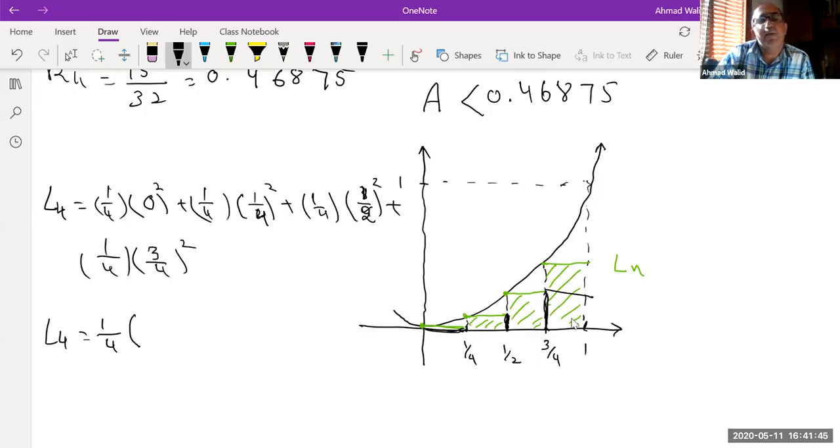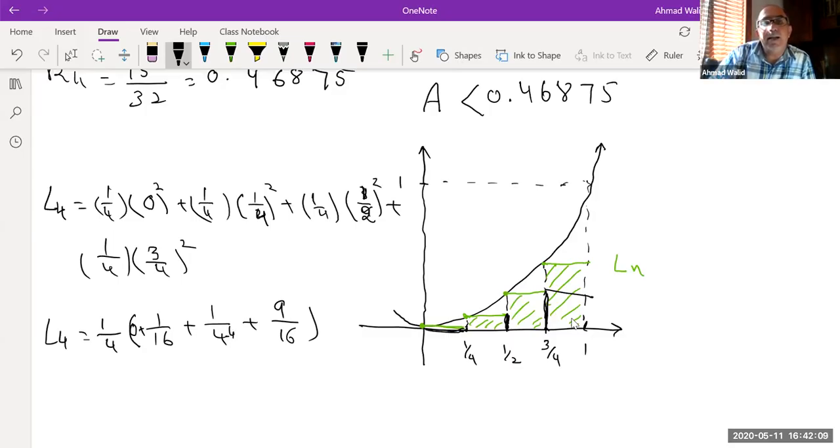1/4 times 0 squared is 0. 1/4 squared gives you 1/16. 1/2 squared gives you 1/4, and 3/4 squared gives you 9/16. I didn't put 0 here, but you can put 0 plus if you wish, but it's 0, right?